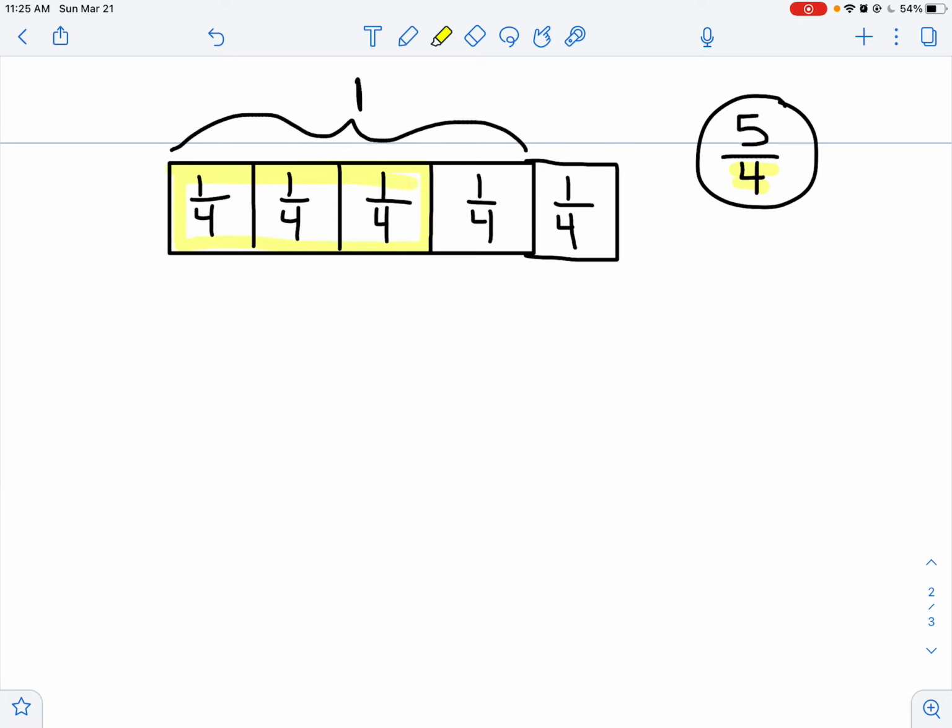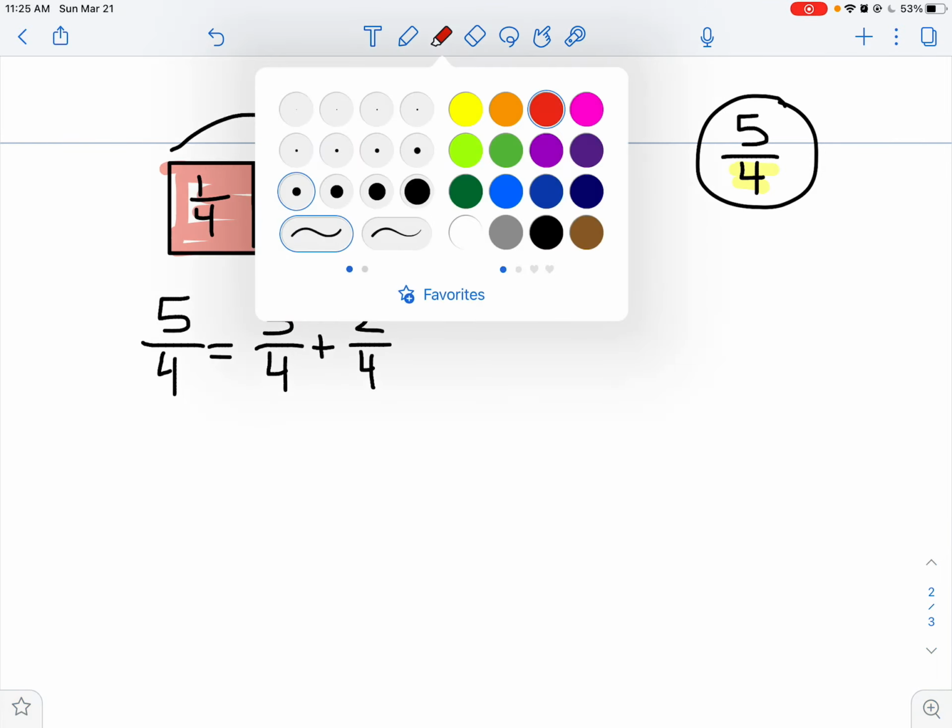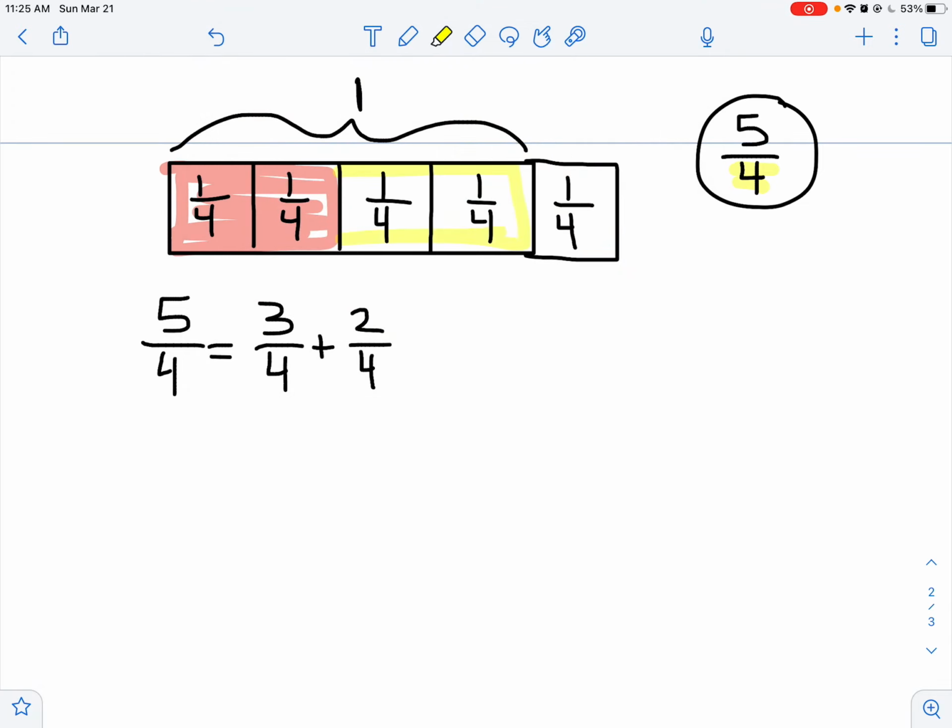I can do 3/4. So I can say 5/4 is equal to, I've got 3/4, and then I could just keep it simple, plus the other 2, and that makes 5/4, right? I could color it in smaller parts. I could do 2/4 plus 2/4 plus 1/4, right?